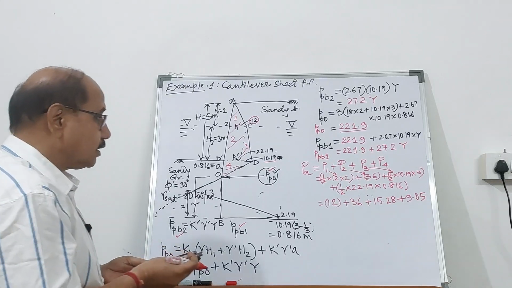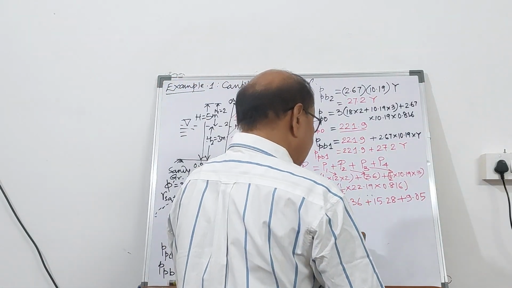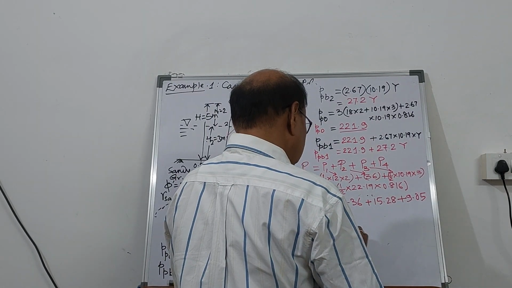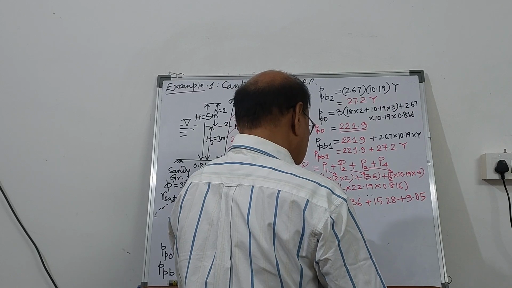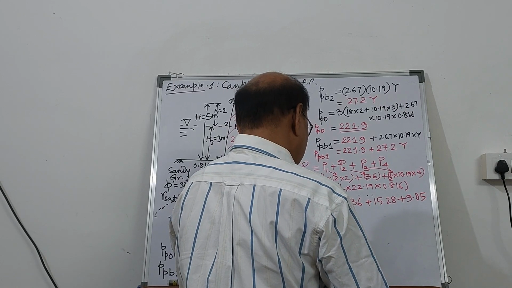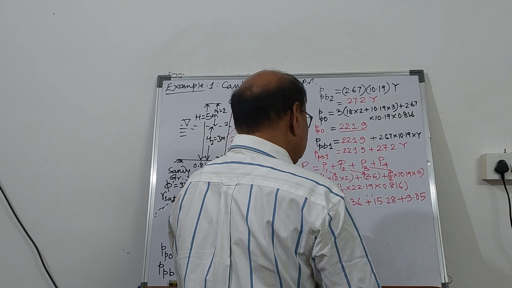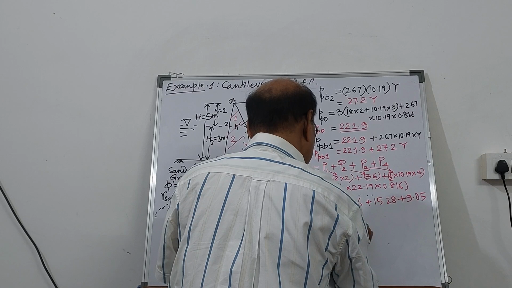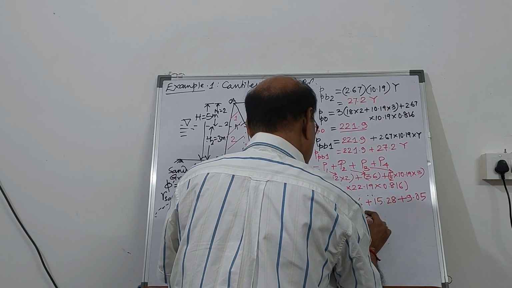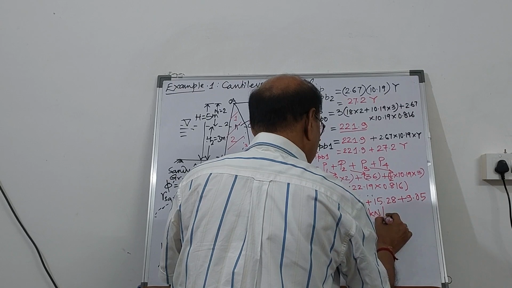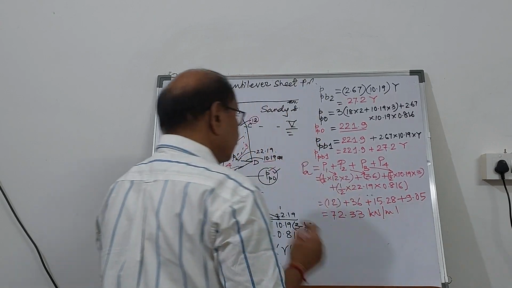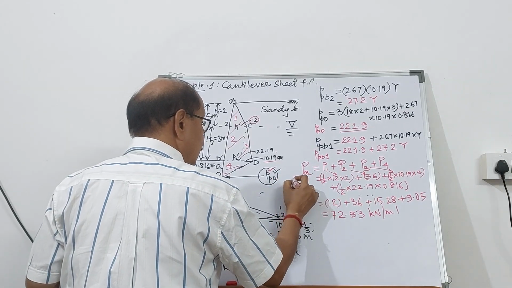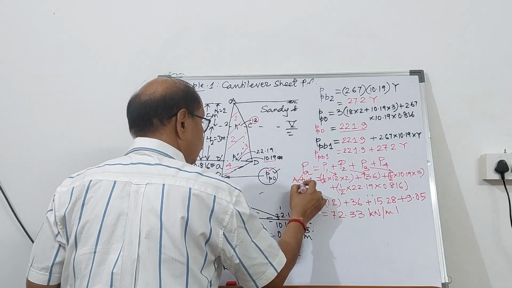So let me add this: 9.05 plus 15.28 plus 36 plus 12. 72.33 kilonewton per meter length. The magnitude of active thrust.